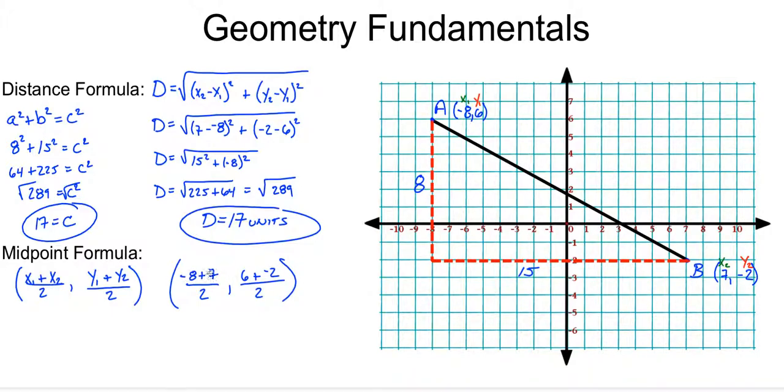So negative 8 plus 7 is going to be a negative 1, so I'm going to get a negative 1 over 2. 6 plus negative 2 is going to be a positive 4. 4 divided by 2 is 2. So negative 1/2 comma 2, that's my midpoint. If we go over to our segment over here and we label it, that's going to be about right there, negative 1/2 comma positive 2. And we'll call that point M.